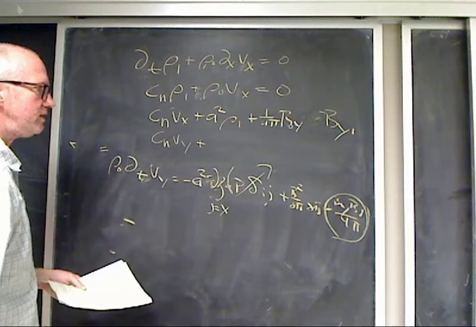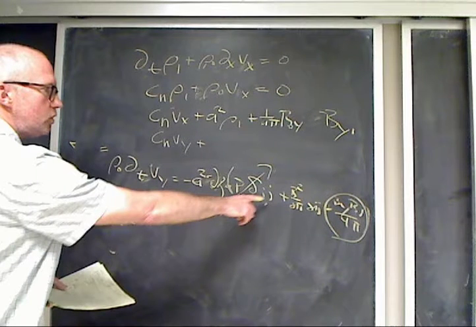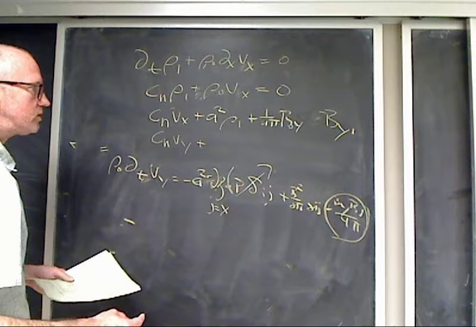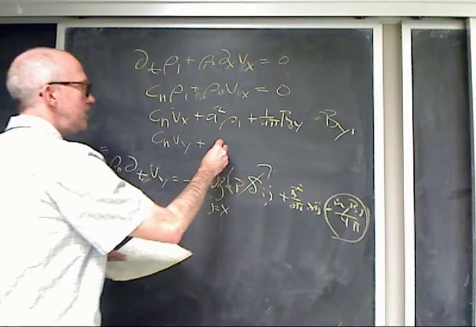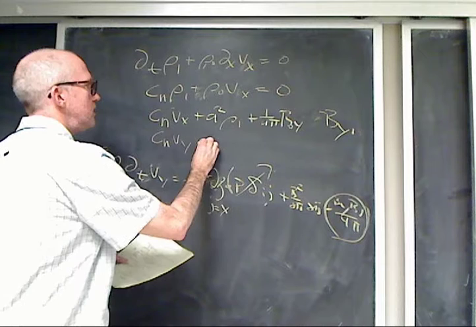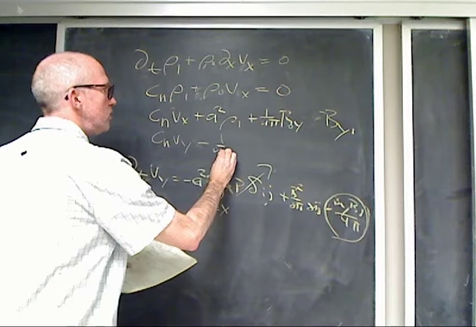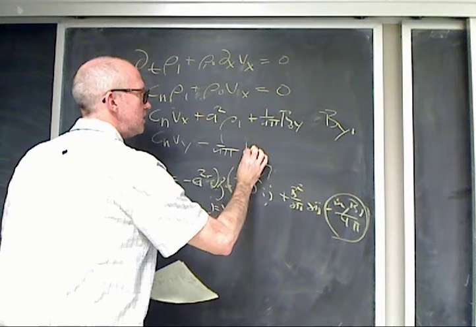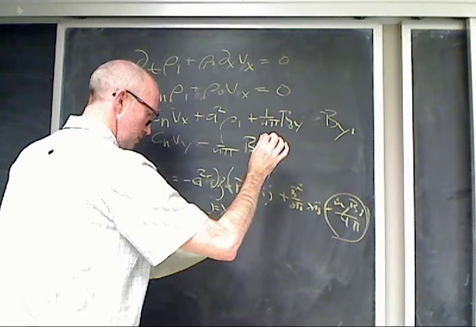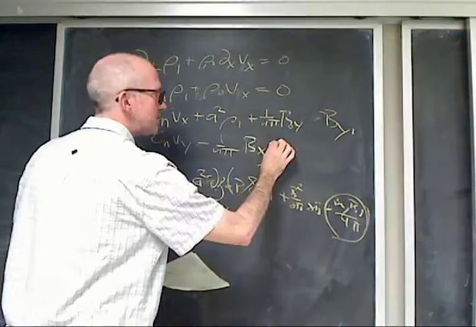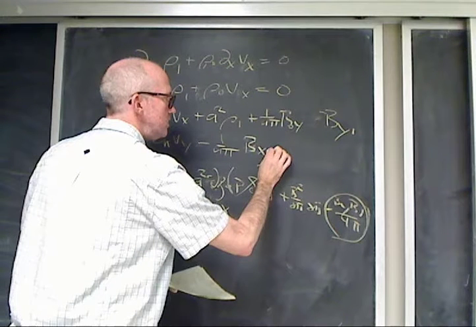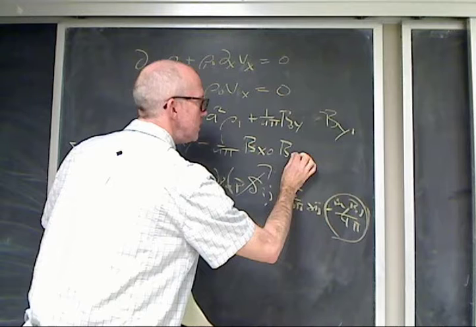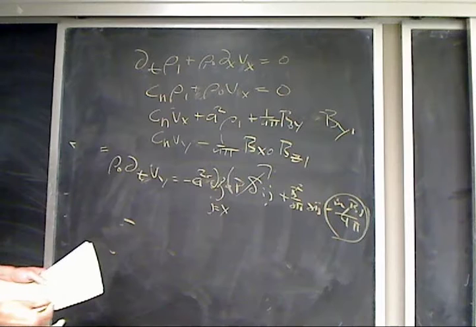And I'm left with just the BxBy term. The longitudinal derivative of b squared also goes away, and I'm left with Cn times Vy minus 1 over 4 pi Bx naught Bz1 equals 0.